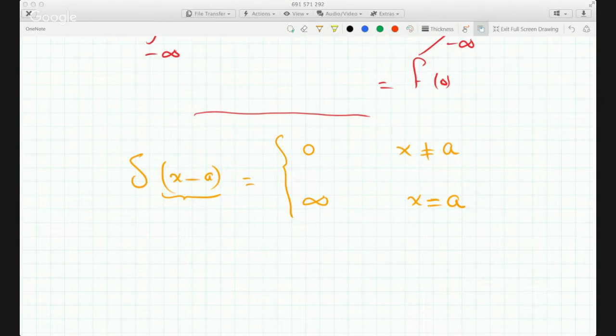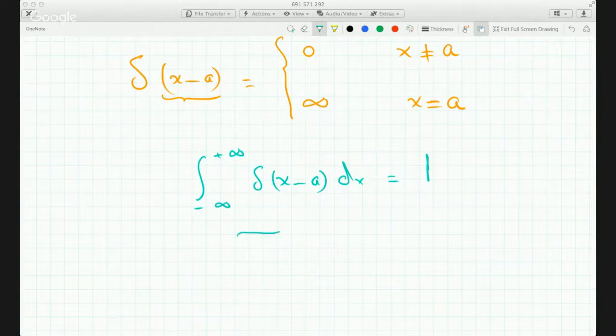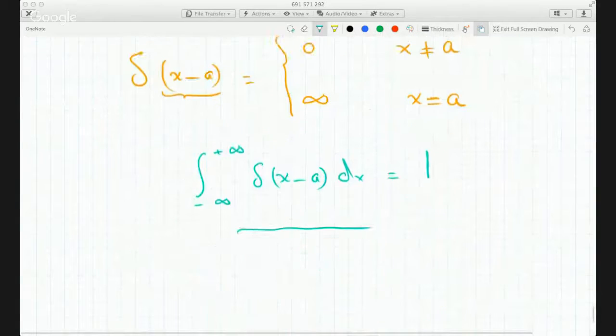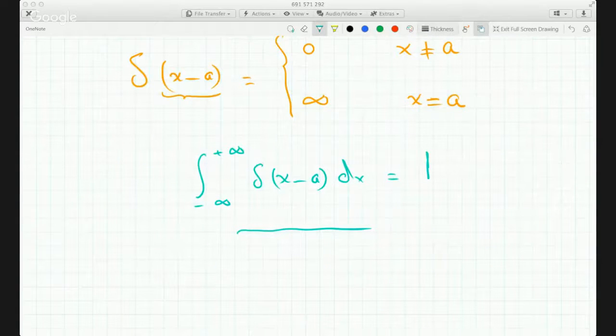So with that said, now we can say that the integral from minus infinity to plus infinity of the Dirac delta function of x minus a dx will equal 1. And this equation here then would become, under this argument, I could also shift and modify it.